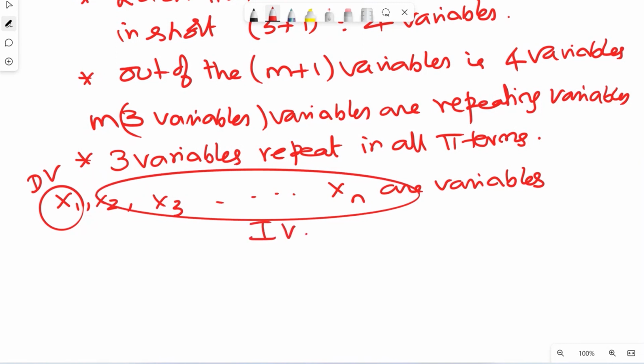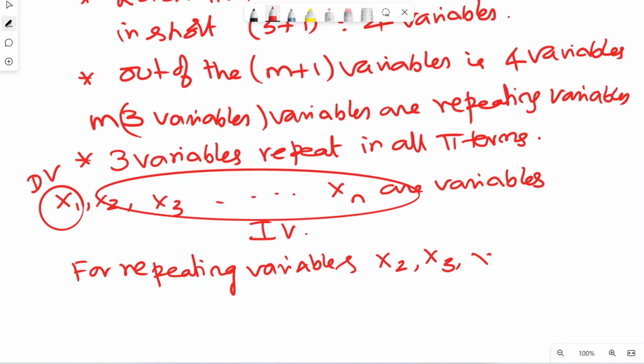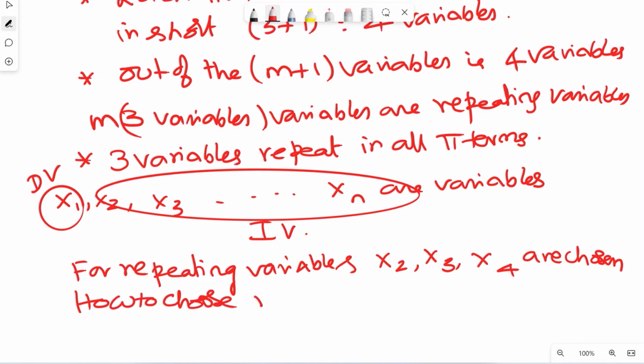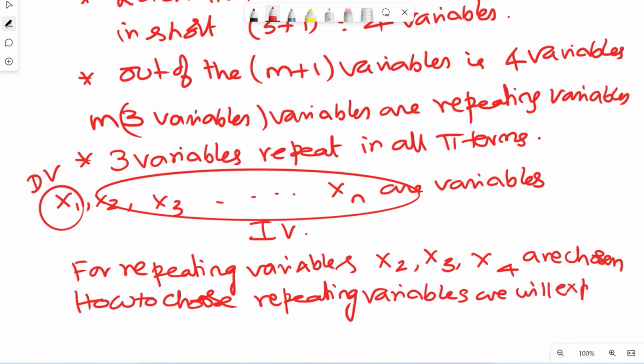Suppose now for the repeating variables, x2, x3, x4 are chosen. How to choose repeating variables? We will explain a little bit later.